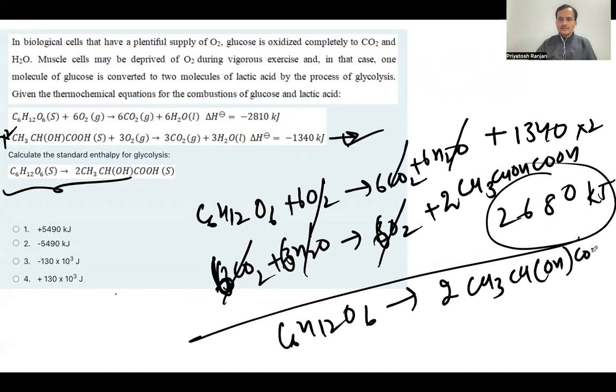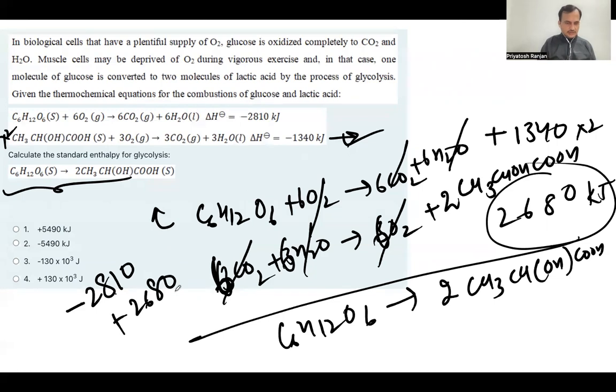CH3CHOHCOOH. So what I need to do, minus 2810, which is the value for this chemical reaction, plus 2680. And the value which we are going to get is 2810 minus 2680.